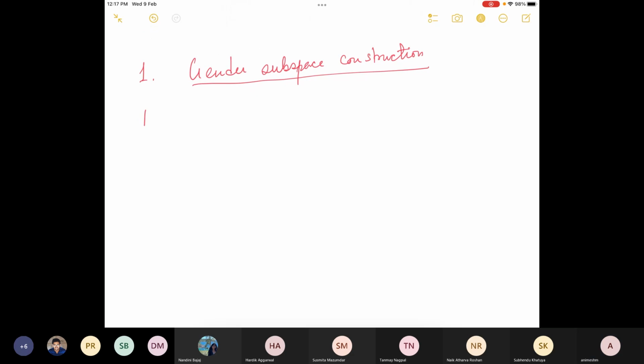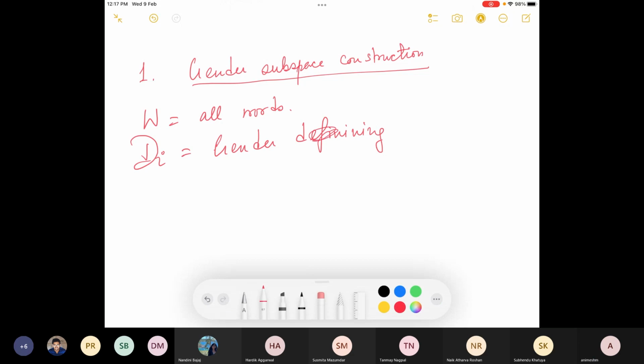So let's say W is the set of all words. The notations remain very similar as earlier. Let's say this is a new notation. D_i is the gender defining set.